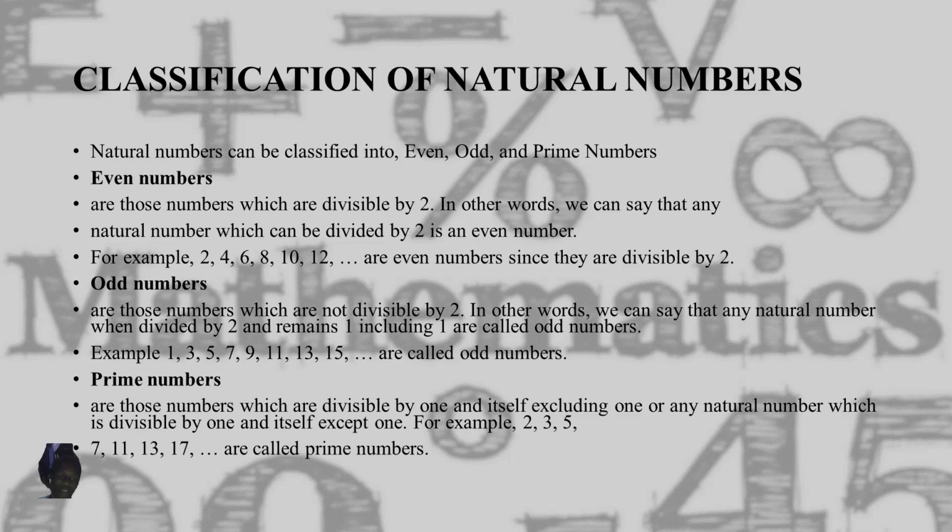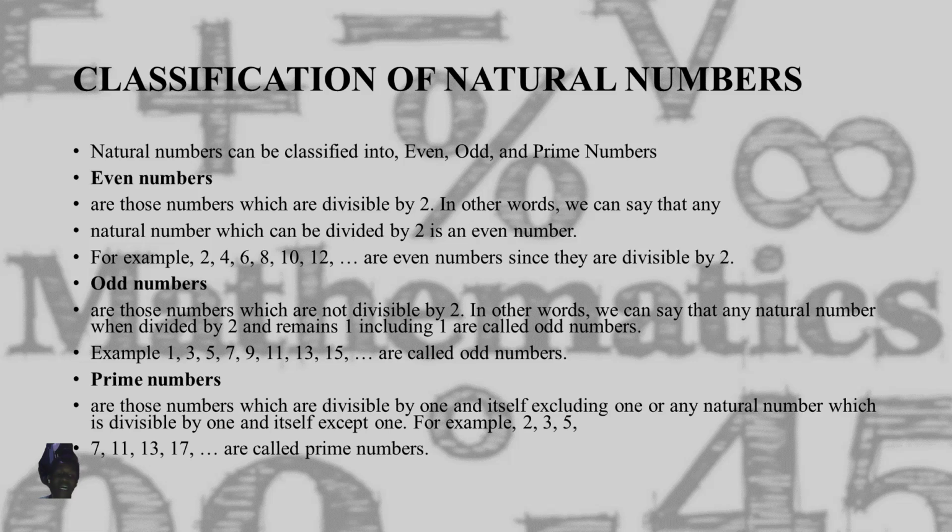Then prime numbers: these are numbers which are divisible only by 1 and itself. You cannot divide it by any other number. Prime number examples are 2, 3, 5, 7, 11, 13, 17. Don't confuse prime numbers and odd numbers.